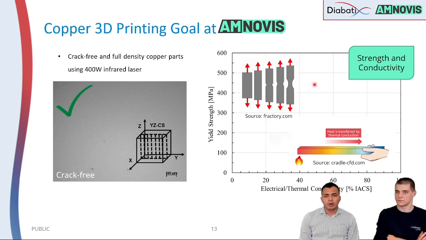Okay, so typically people say that when it comes to thermal management applications, it's only thermal conductivity or electrical conductivity that matters. However, I would like to bring your attention to one more important point: as you go to complex shapes and thinner dimensions, the thin wall thicknesses should also sustain the pressure of the fluid that is inside. That's where the strength comes into the picture.